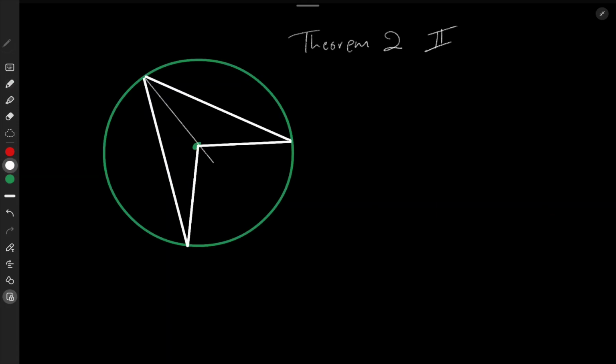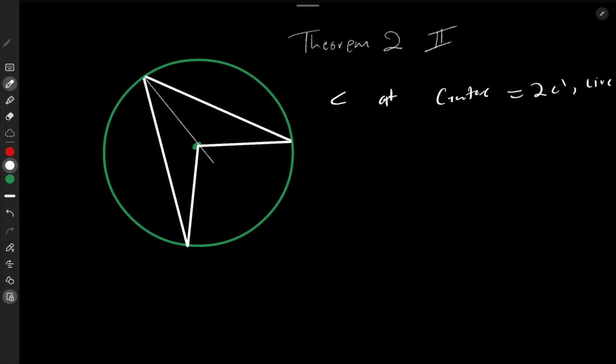Now we are on theorem 2. Theorem 2 states that an angle at the center is equal to 2 times the angle at the circumference.